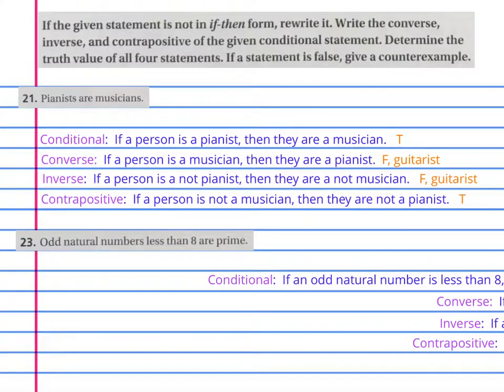Odd natural numbers that are less than 8: 1, 3, 5, and 7, because the natural numbers are the counting numbers. Are they all prime? Actually, 3, 5, and 7 are, but 1 is not prime.